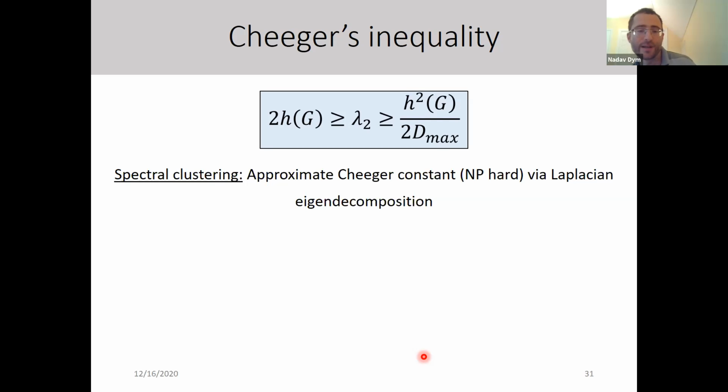In general, the computational picture is, let's say you want to measure how connected a graph is. Computing the Cheeger constant is NP-hard, and computing the second eigenvalue of a Laplacian is not hard. And so this gives us an approximation of this quantity. So it's very useful.